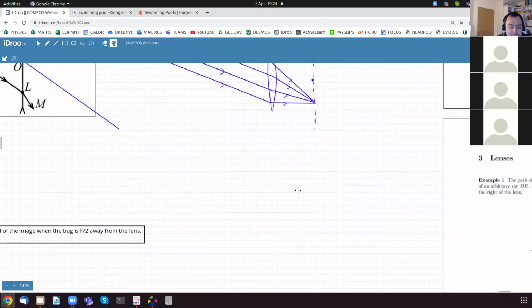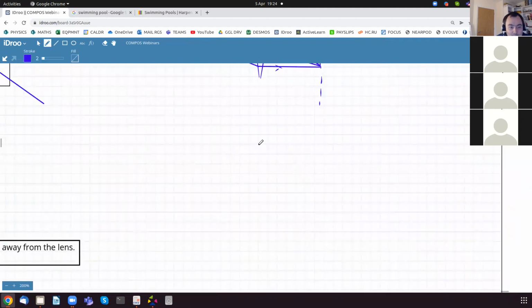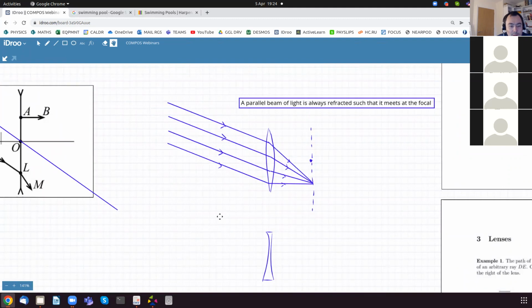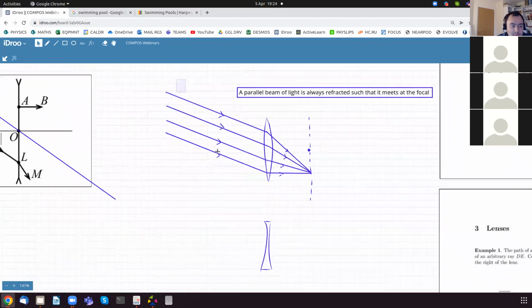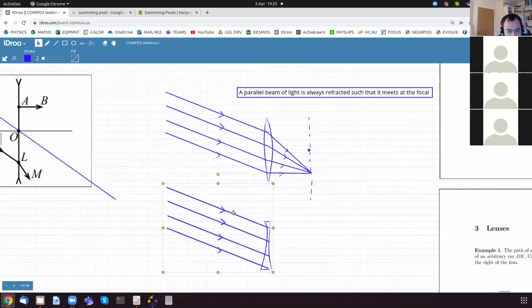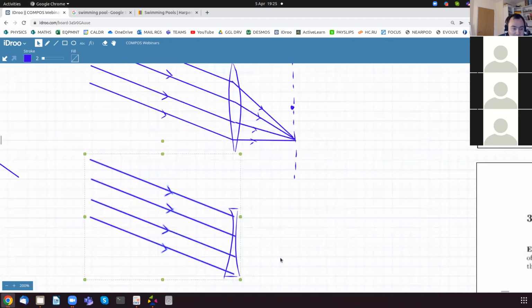So if you have a diverging lens, sorry for my drawing, and if you have a parallel beam of light hitting a diverging lens, and you have a focal point, so the focal point is here, for example, and the focal point is here. So you draw the focal plane.